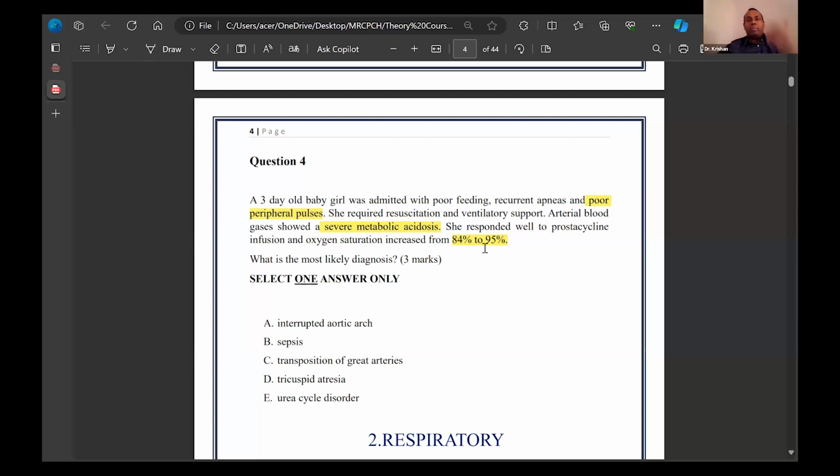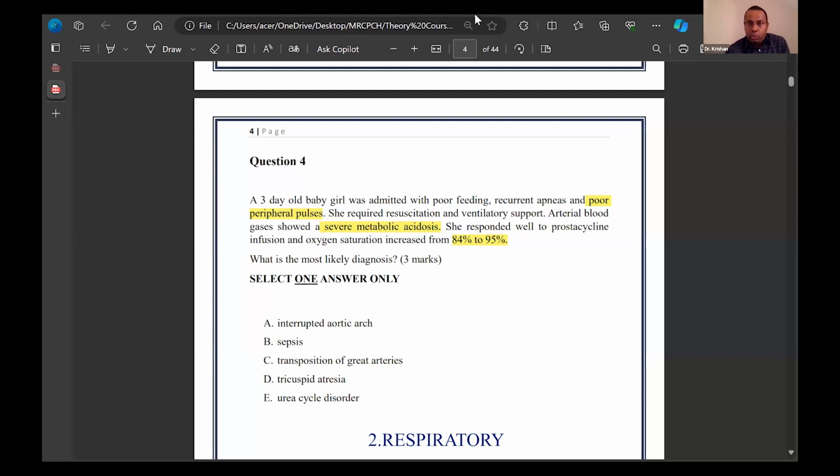Then you will get better perfusion and saturations, everything might get better. So if coarctation of aorta was an answer, we could have thought it is one possibility. It might not match best because coarctation of aorta will not generally cause such low saturations. However, something to do with the aorta might match as the answer.